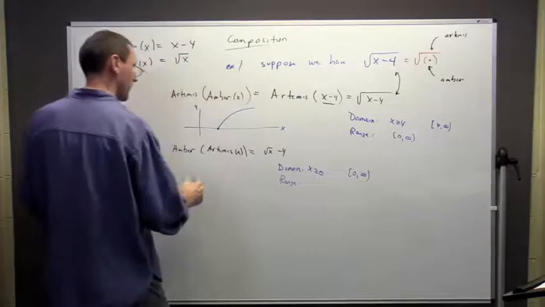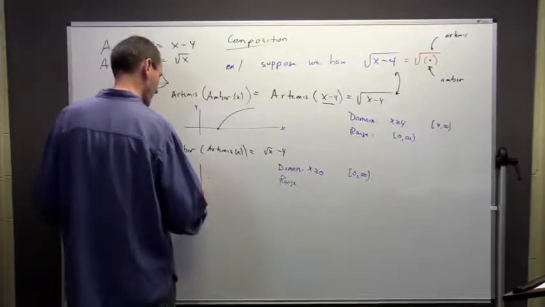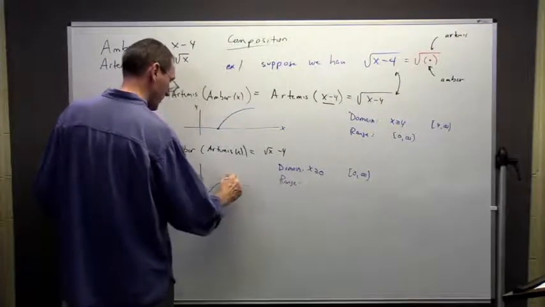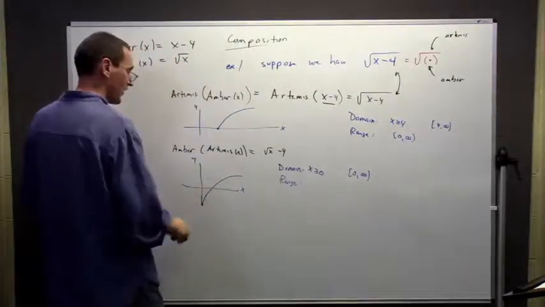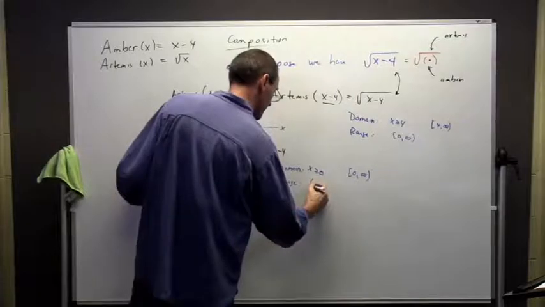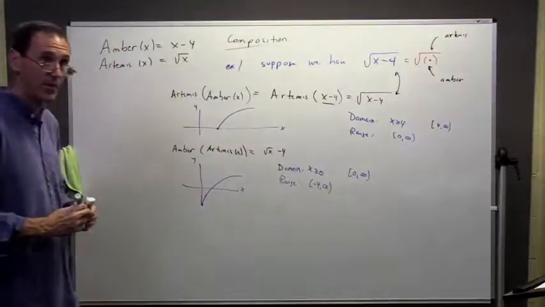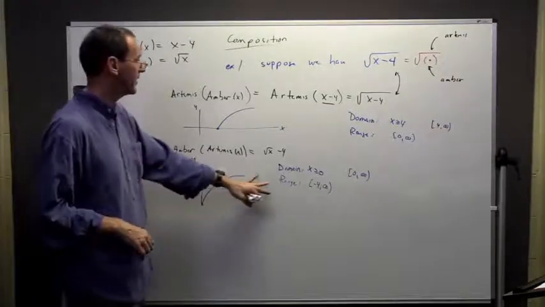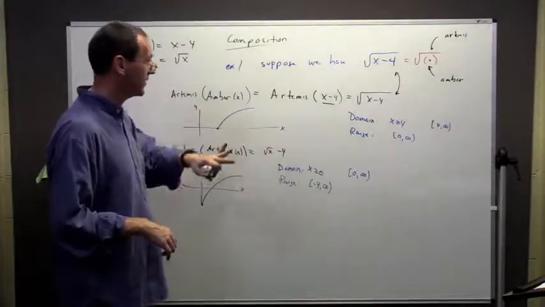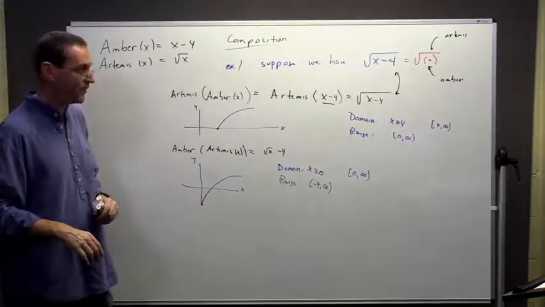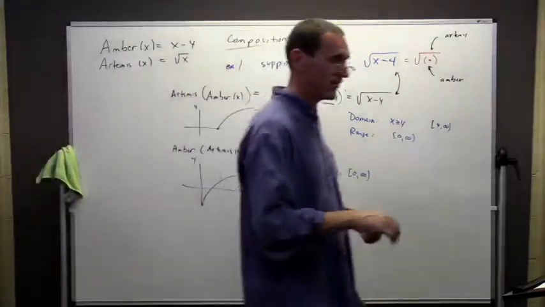Now the range, so this is now taking the square root function, but it's shifting it down 4 units, excuse me. So what is this? This is going to be minus 4 to infinity. Okay? So when I compose things, I'm working with different functions, and I've got to be very careful about trying to figure out what the domain and range are of these new functions.